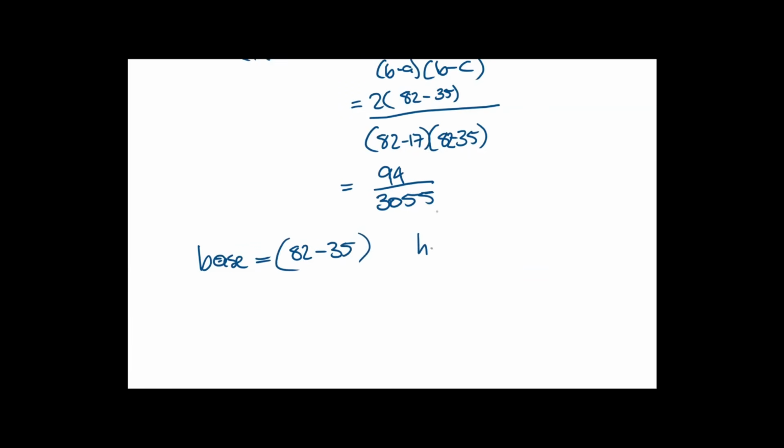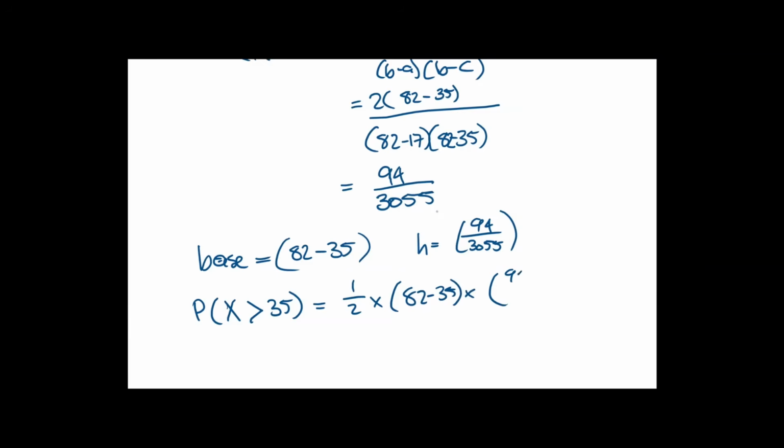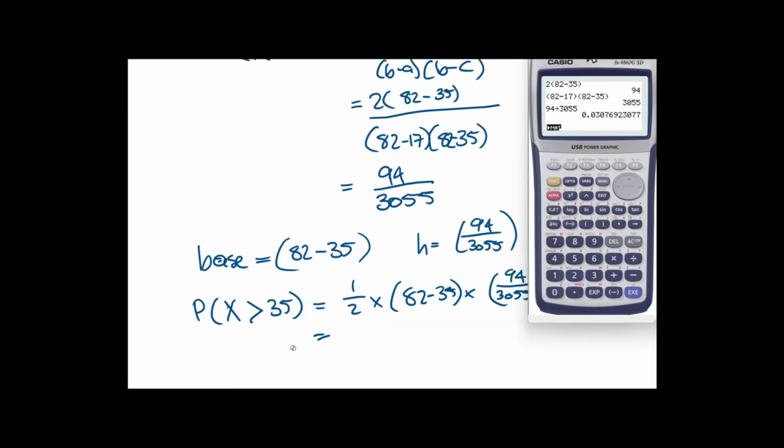And the height is going to be this, exactly 94 over 3055. So the probability that someone chosen at random is greater than 35 is going to be half times the base, 82 minus 35, times 94 over 3055. I'm going to do that in here and calculate the time.